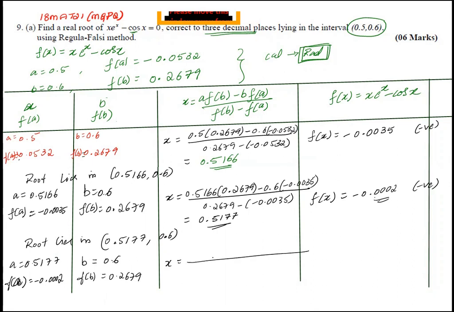Calculate x, that is a, 0.5177 into f of b, that is 0.2679, minus b, 0.6 into f of a, that is negative 0.0002, divided by 0.2679 minus of minus 0.0002.